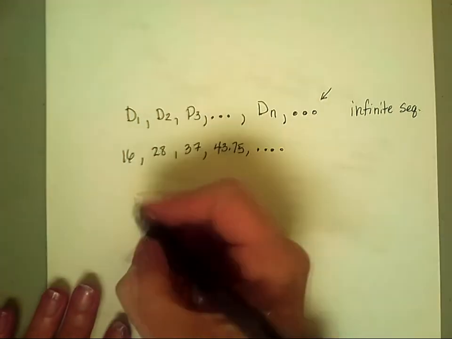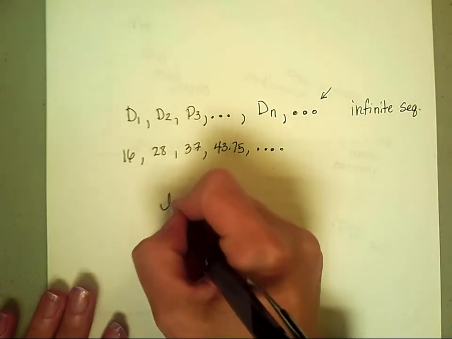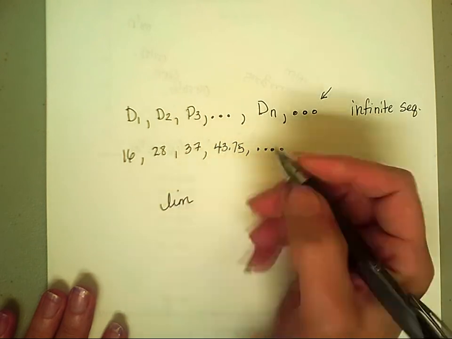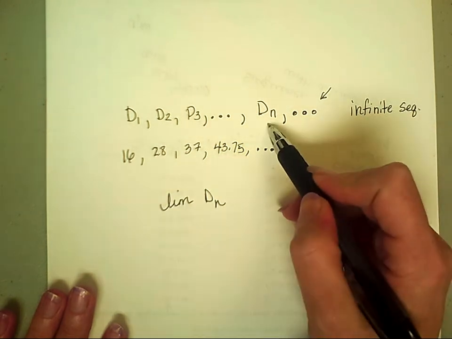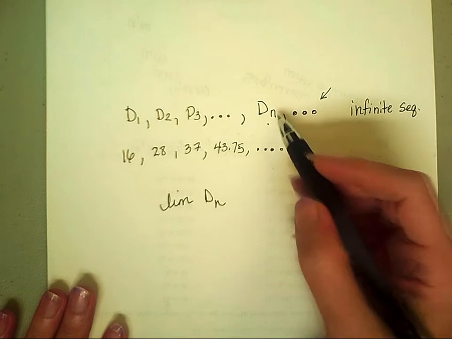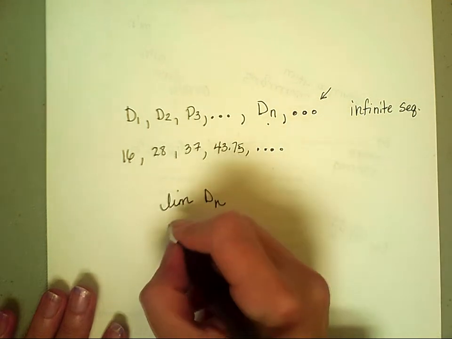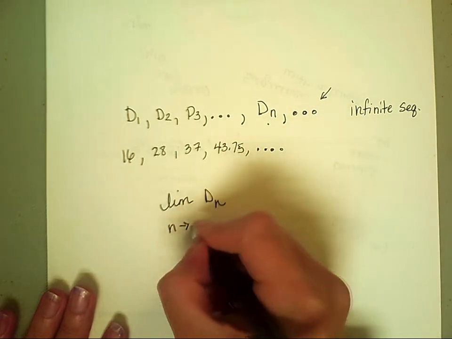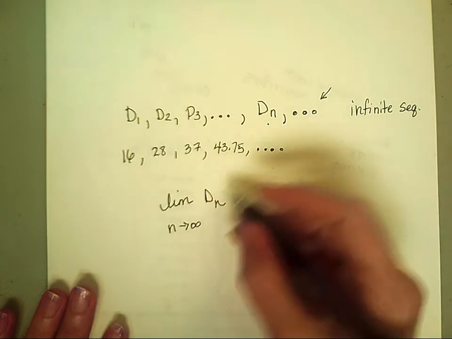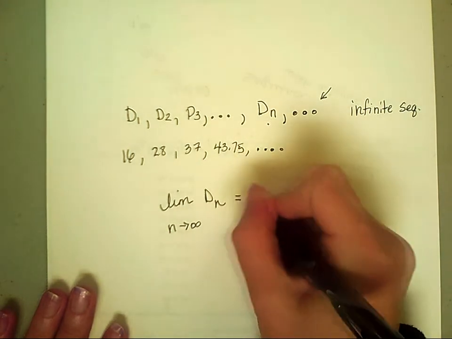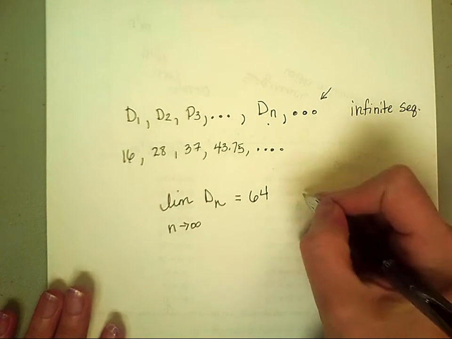And what we could write then is that there is a limit for the nth term, or the nth dose. I don't know exactly what it's going to be, but if I continue dosing forever, that is, if I let n go to infinity, the limit of this sequence has to be 64 because it's bounded above.